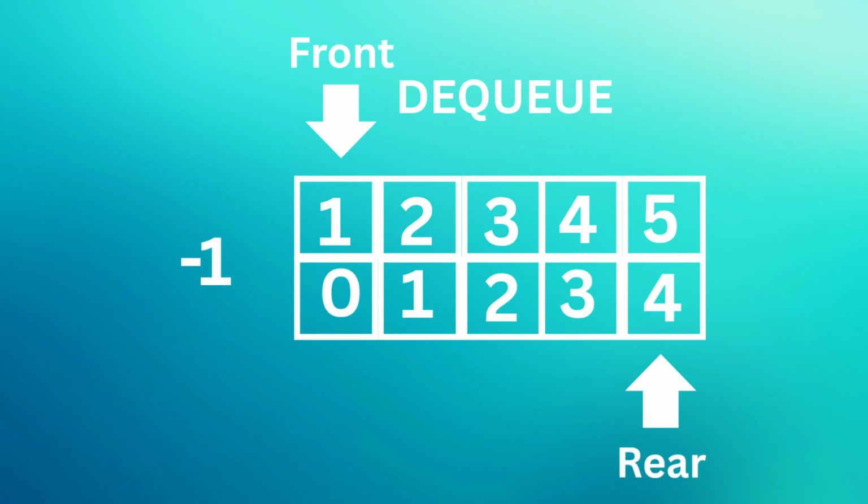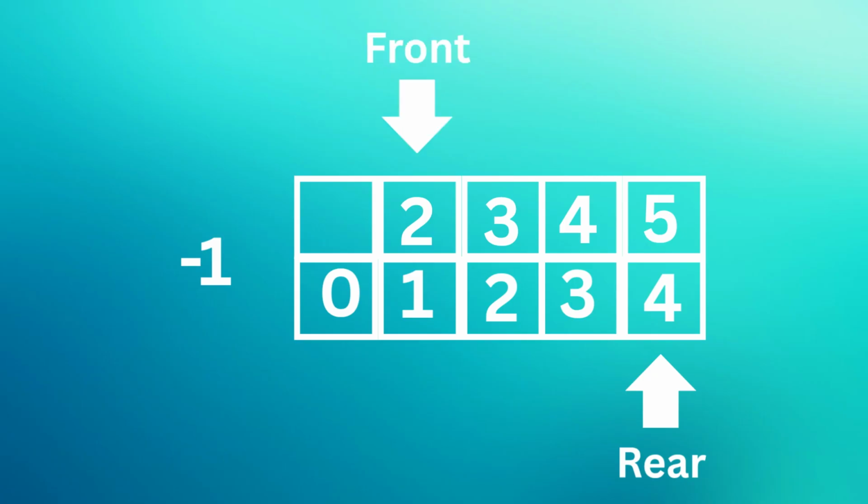So ato front is nasa index 0 and ato rear or back is nasa index 4. If we want to remove one element, our front will be moved into the index 1 and the value in the index 0 will be removed, and di na sad siya mabutangan because our front is in the index 1 na.